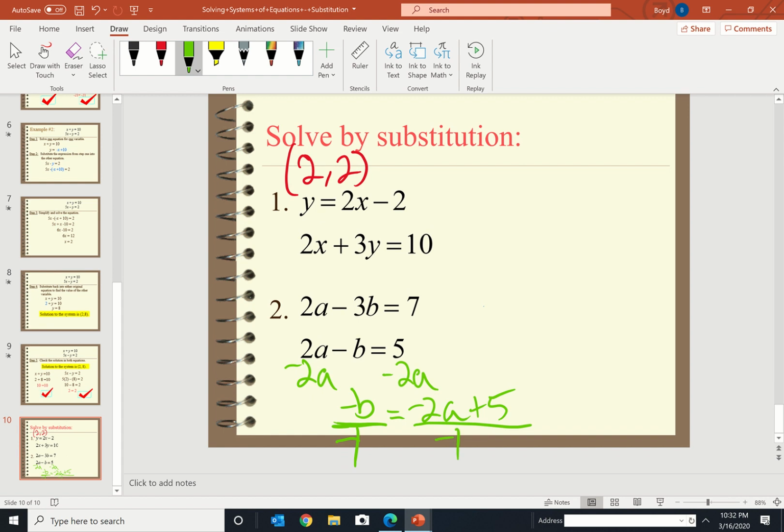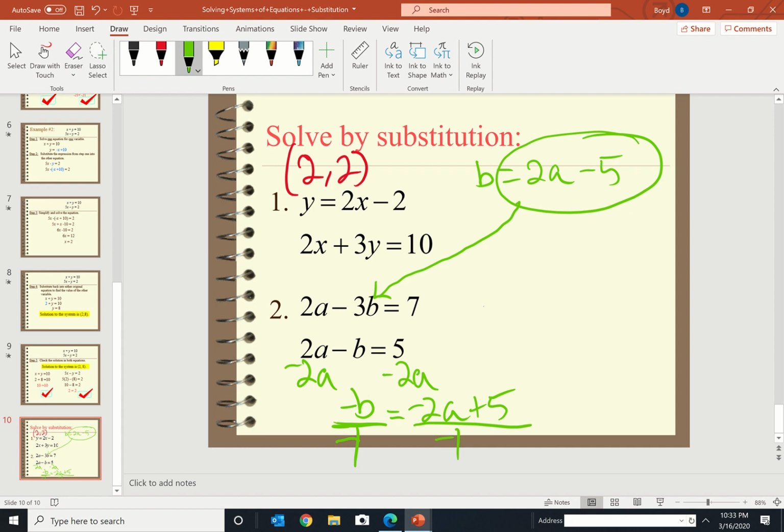And what we end up with is the equation of b equals positive 2a minus 5. All right? So now that I know what b is equal to, I have to take this and I am going to substitute it in the place of b.